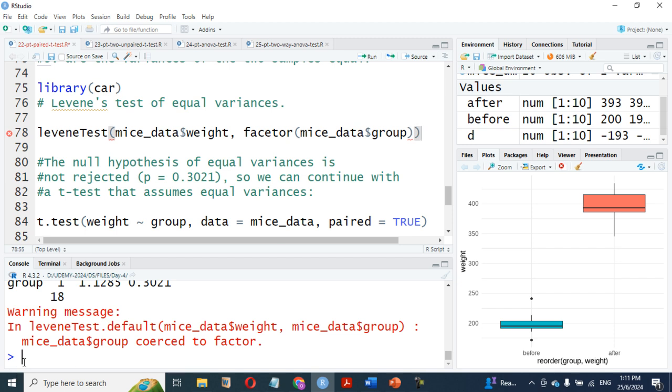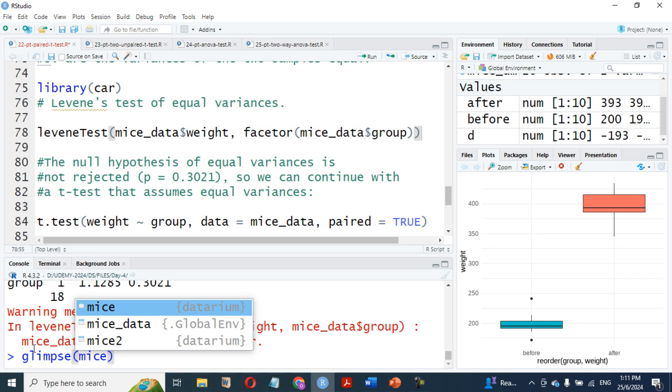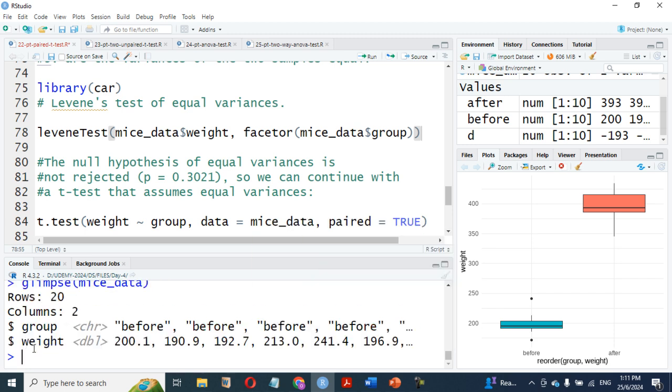If you glimpse your data set, you saw that it's supposed to be a factor variable, but it's a character, supposed to be fct, and we didn't factor it in our code. So we have to factor it here, so that the warning will be taken away. So now we have done that. We just apply factor here, so let's run again and see.